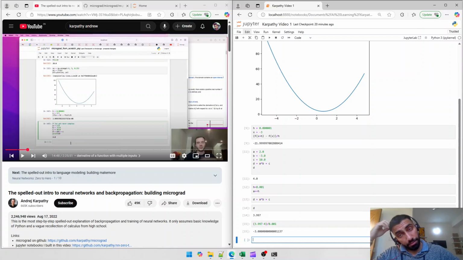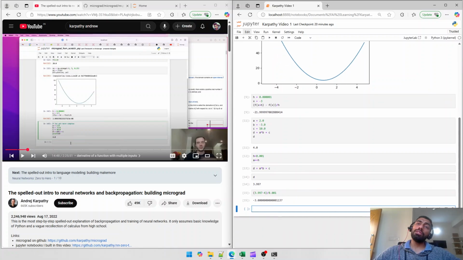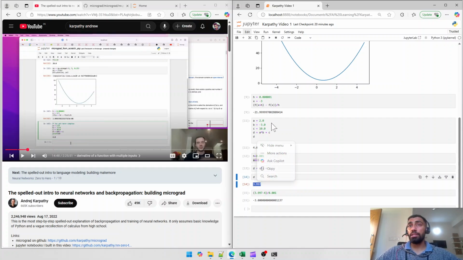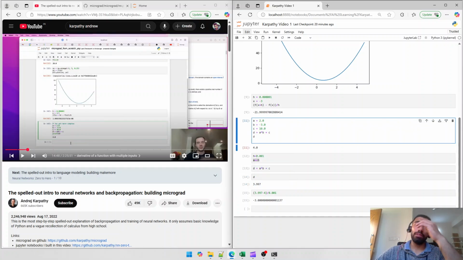So it's a negative. So the thing is, if we change a by a small bit, right, the value of d decreases. Why does the value of d decrease? Because b itself is negative. So when you multiply negative with a larger value, because a's value is changing, right, it is becoming much more negative. As a result, the d's value is reducing. So it means if we increase the value of a, the value of d reduces. That's why the slope is negative.